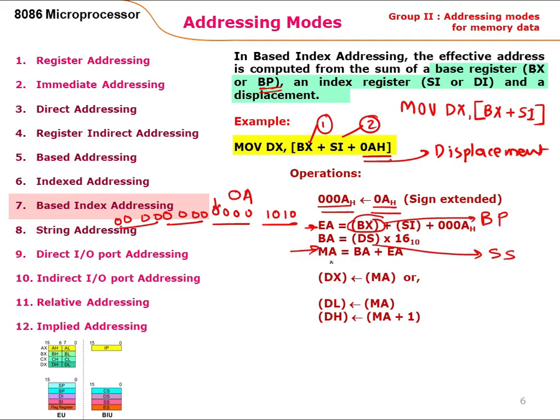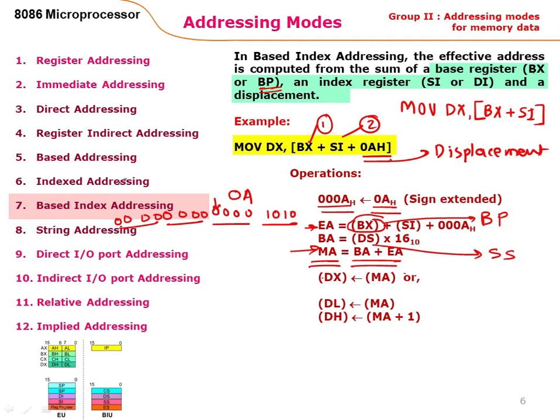The physical memory address MA is calculated as BA plus EA. When we execute MOV DX, [BX + SI + 0AH], the contents of MA are transferred to DL, and the contents of the next memory address are transferred to the DH register.